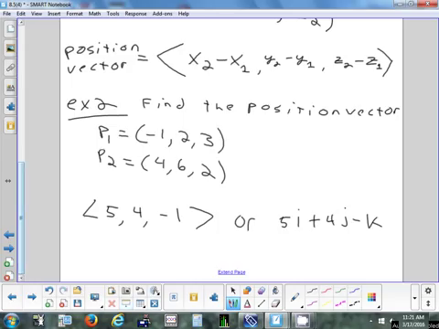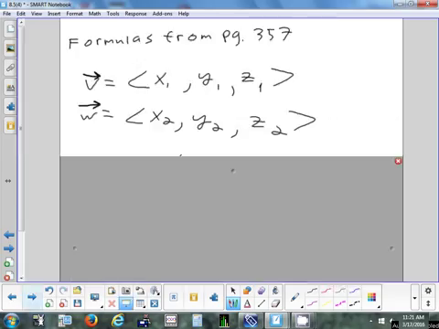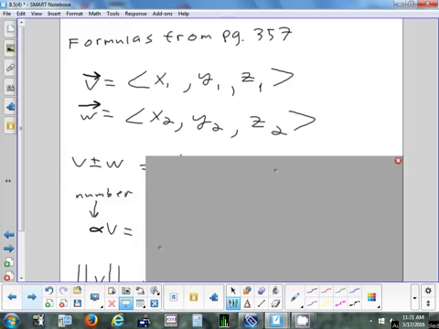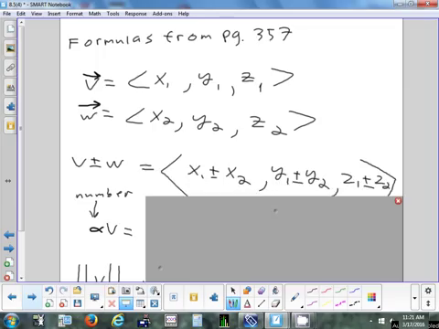All right. So next thing we're going to look at is some formulas for adding, subtracting, multiplying or scaling, and finding the magnitude. We had all of these same formulas in 2D. In 2D, if you want to add vectors, combine the x components and combine the y components.